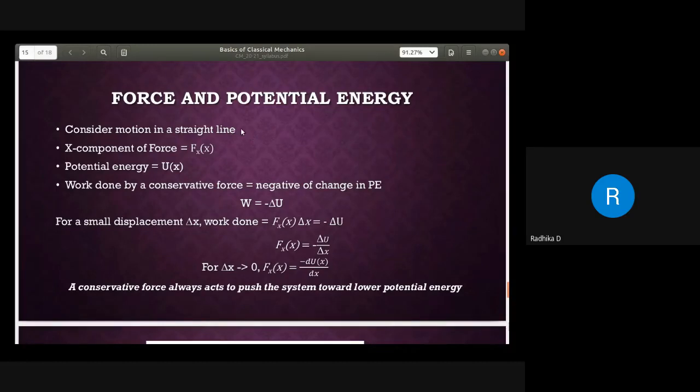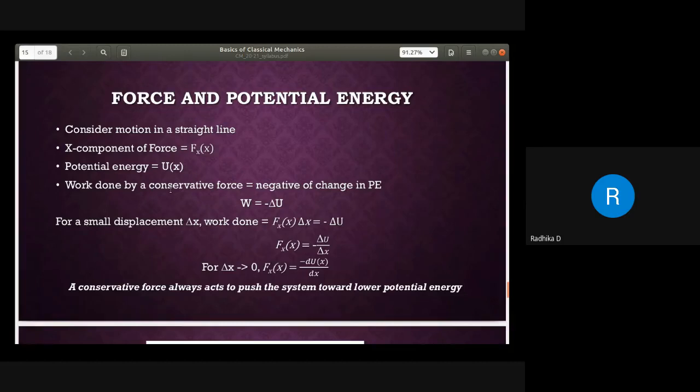If it is moving in a straight line and a force is being applied in x direction, let me take the force as Fx of x. The potential energy because of that force is U of x. Fx of x is the force component and potential energy is U of x.